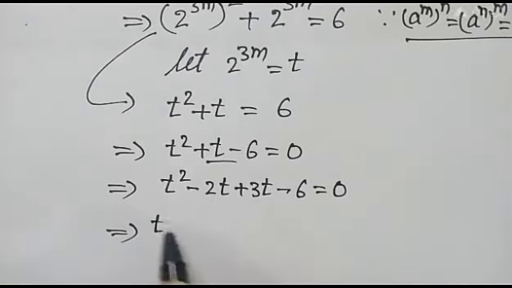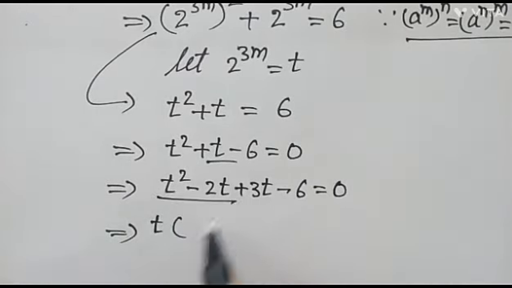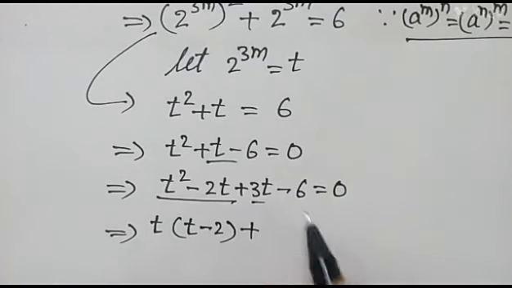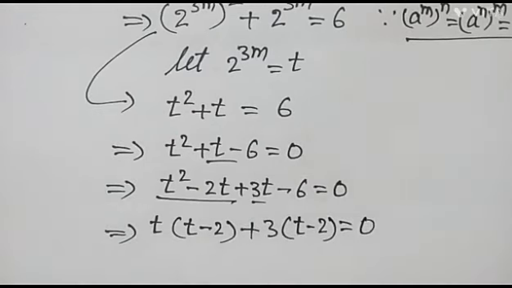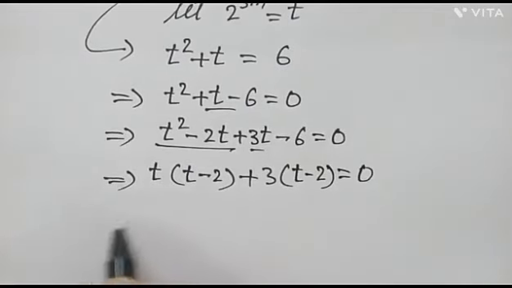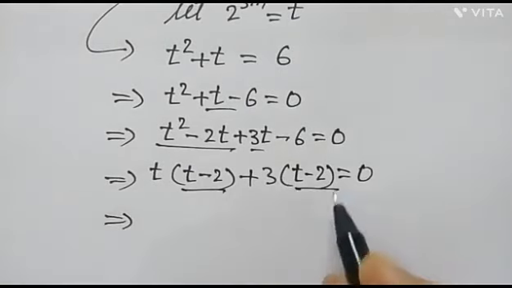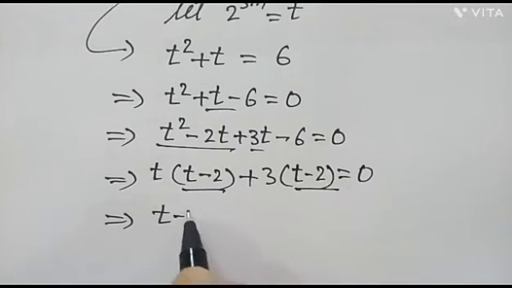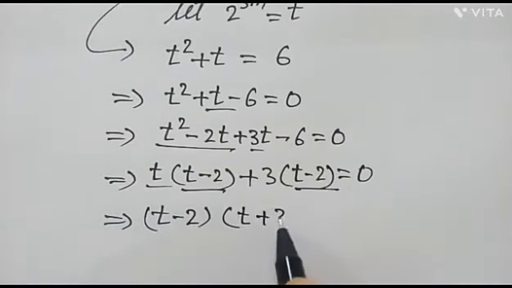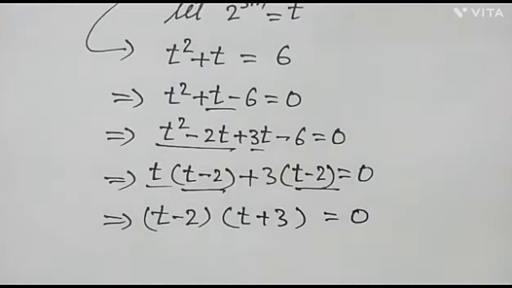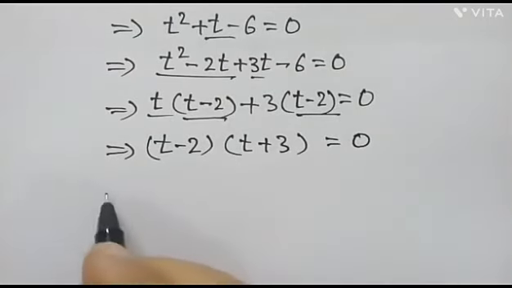If we take t as common, we have t minus 2, plus 3 as common, t minus 2 is equal to 0, right? t minus 2 common, so t plus 3 is equal to 0, right?